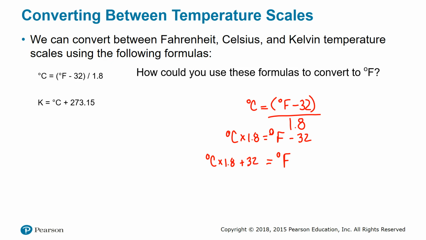And so we just flip it around. Fahrenheit equals degrees Celsius times 1.8 plus 32. So you should be able to manipulate that equation to get there if you have to. All right. I would know how to do it at the very least.